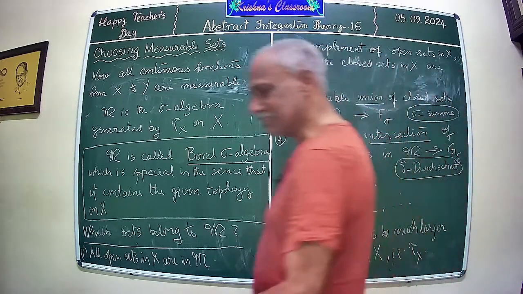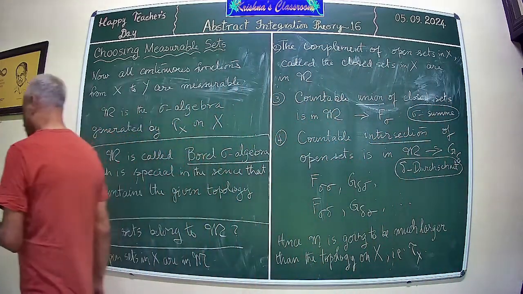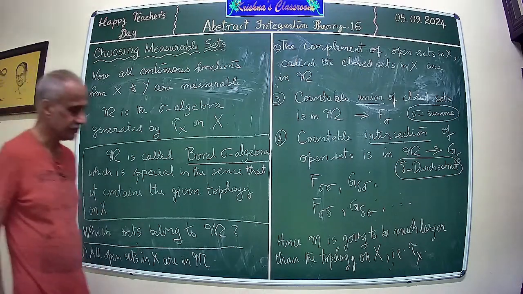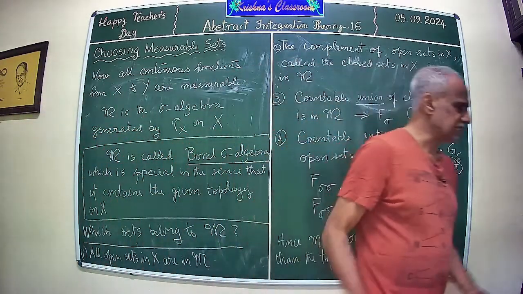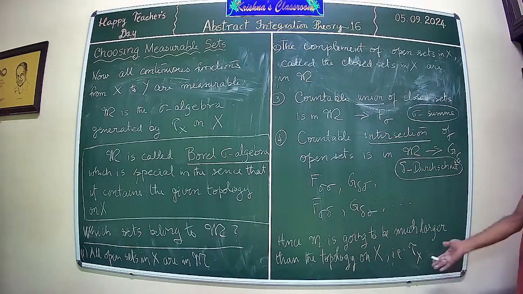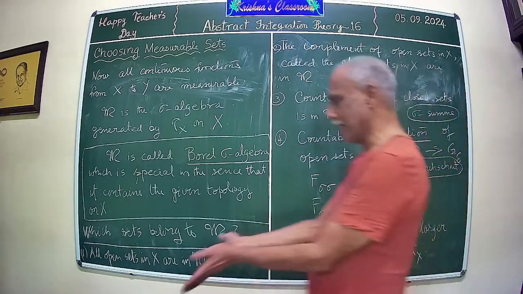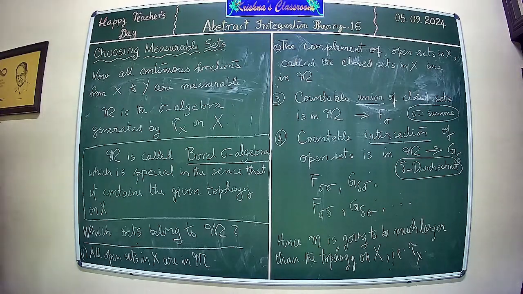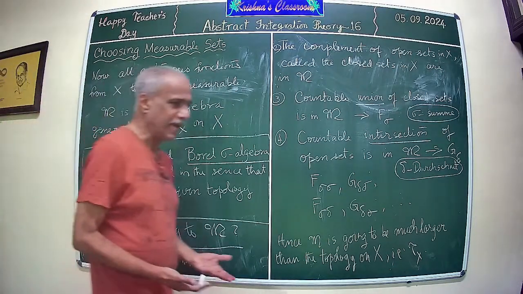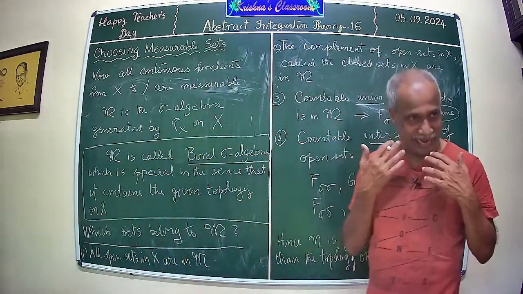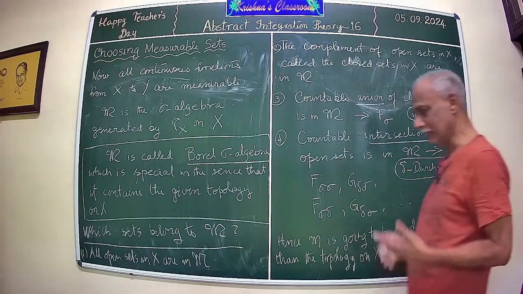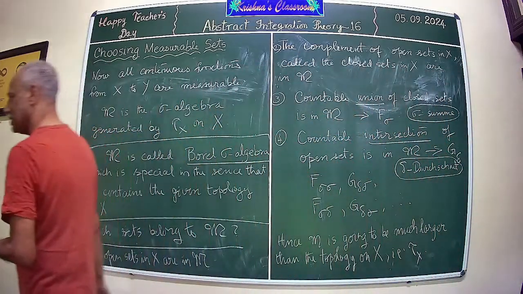This is the strategy, and this is called the Borel class or Borel sigma algebra. So whenever you say just Borel sigma algebra, it is taken for granted that on X, suppose you say M is a Borel sigma algebra on X, then it straight away implies that X has already a topology on it, and this is the sigma algebra that contains this particular topology.